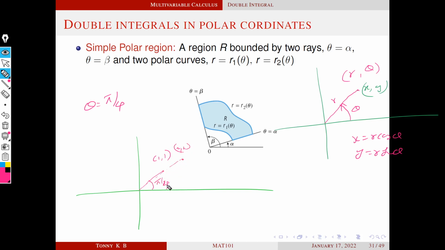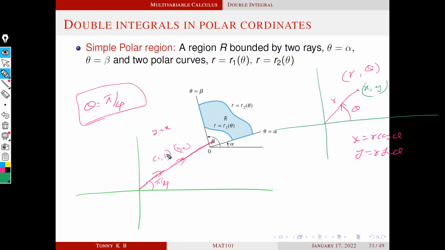That is also pi by 4. So all these points belong to this ray. A ray means the part of the straight line y is equal to x starting from the origin to this side. That's why this is called a ray. So in general, theta equal to pi by 4 represents a ray like this. It's part of the straight line y is equal to x, but only this part.